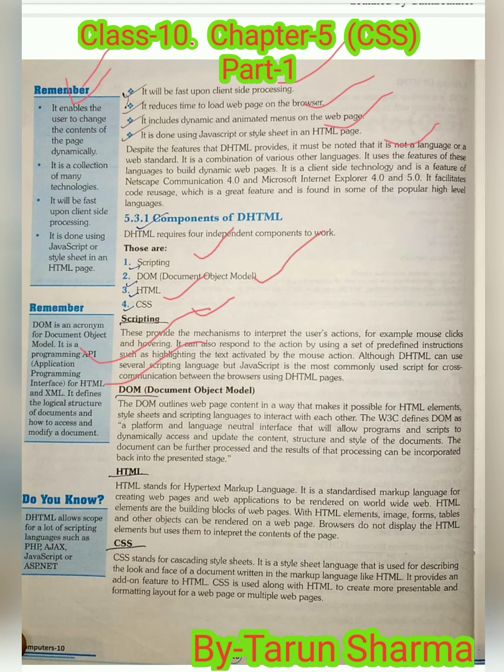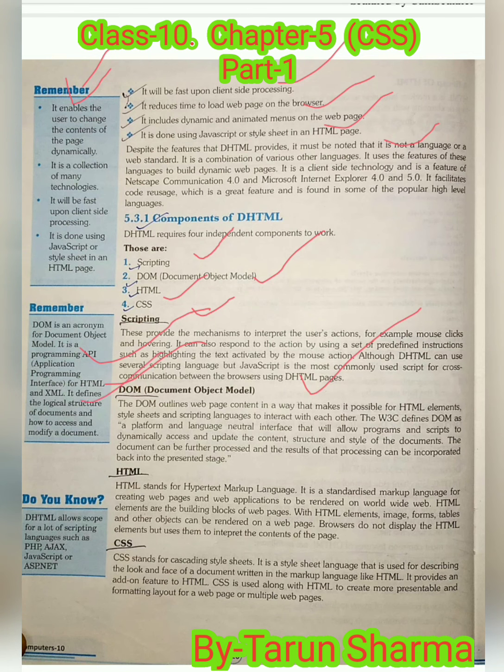Although HTML can use several scripting languages, JavaScript is the most commonly used script for communication between the browser and the HTML page. Simply we can say that with scripting and HTML elements, we can write the base structure of a web page.